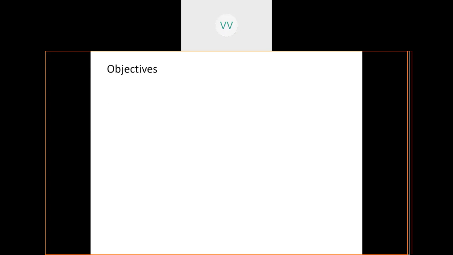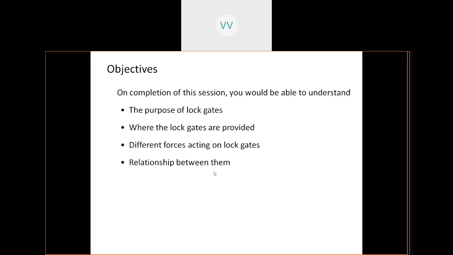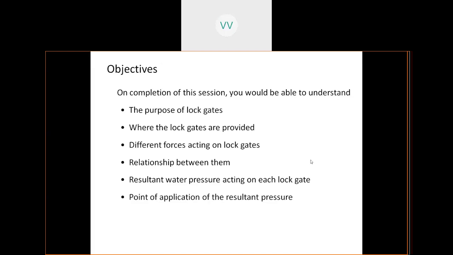The objectives of today's class are, upon the completion of this session, the student will be able to understand the purpose of the lock gates, where the lock gates are provided, the different forces acting on the lock gates, the relationship between them, the resultant water pressure acting on each lock gate, and finally the point of application of the resultant pressure.